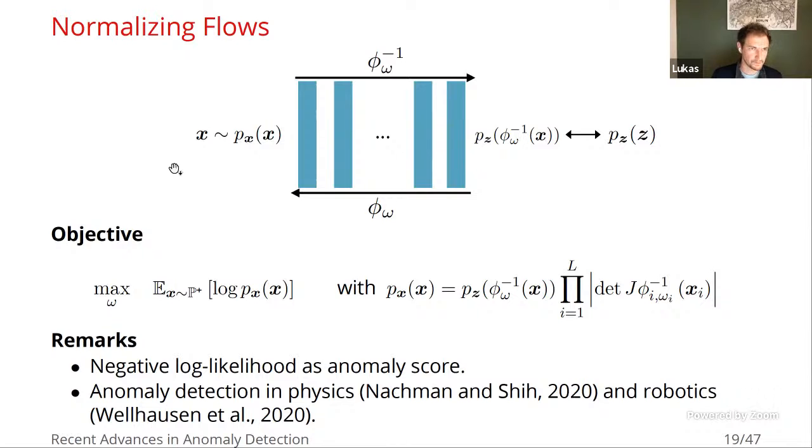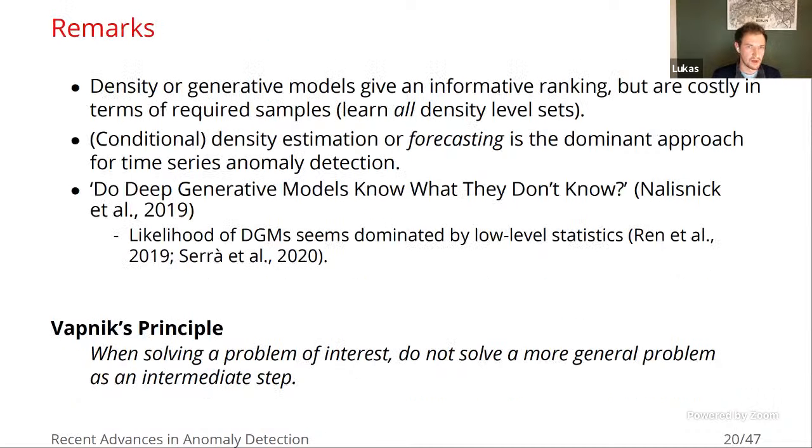But one concern, or what has been observed for these models, so this is this third point here, is that some of these deep generative models, especially normalizing flows, they tend to attribute higher likelihood to out of distribution samples that are of simpler structure.